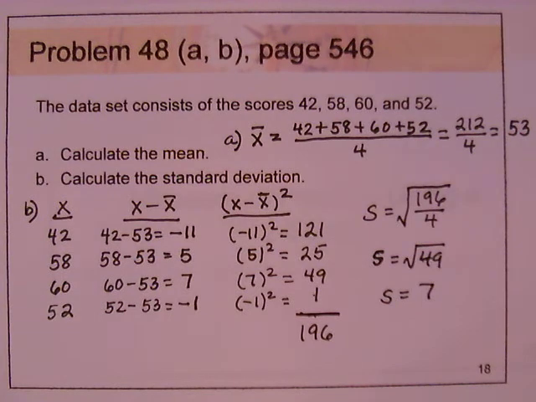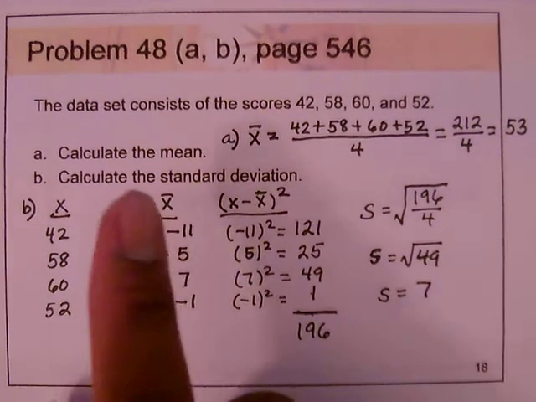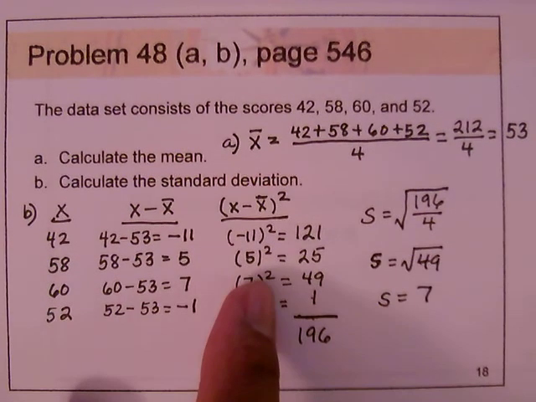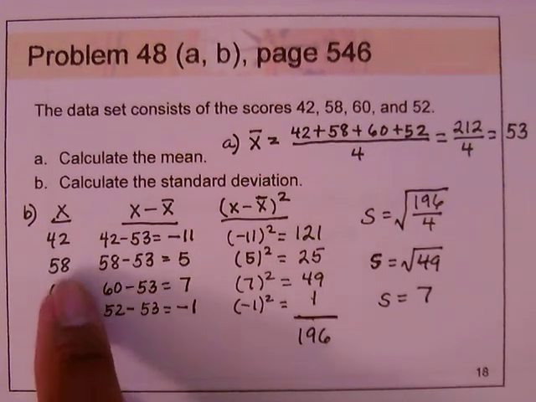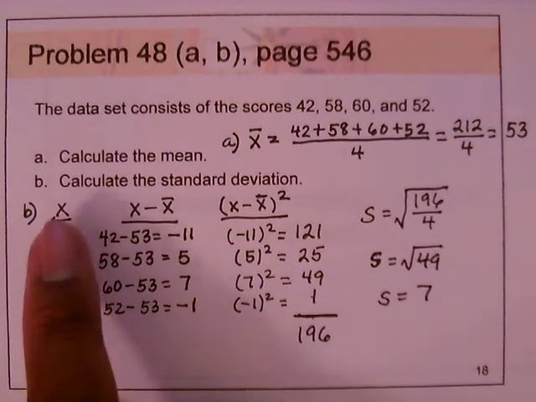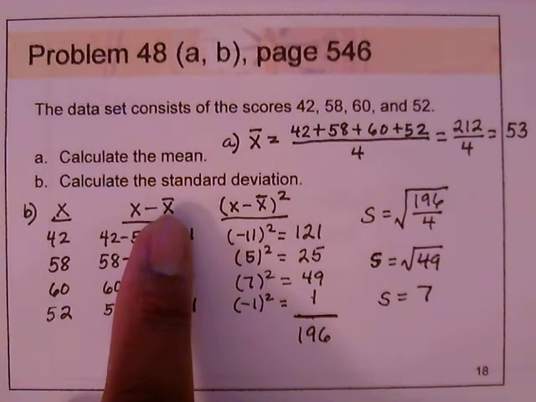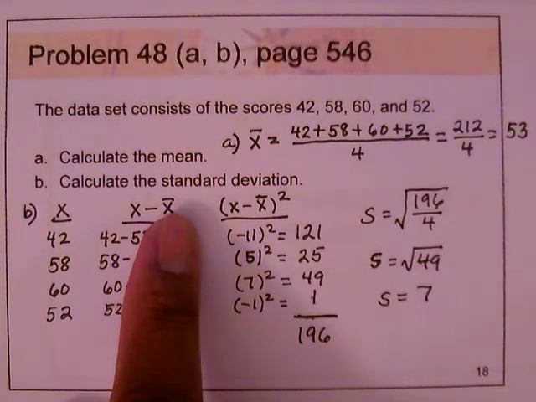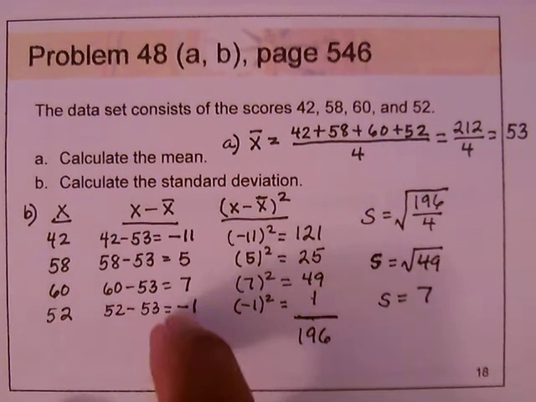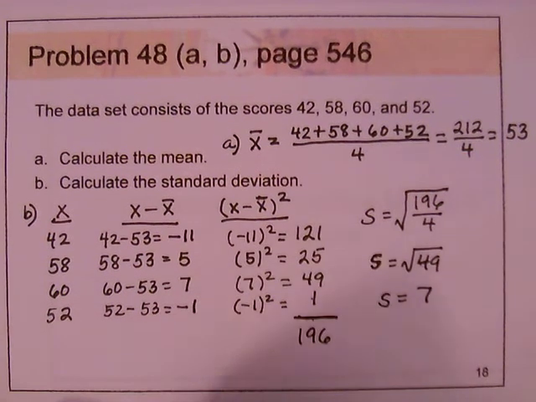And now part B is to calculate the standard deviation. Now notice I created a table here. The first column is the X, that's your data values here. The second column would be that each X value would be subtracted from your mean. And then this column is just going to be the square of what I got in this second column. That's X minus X bar quantity squared.